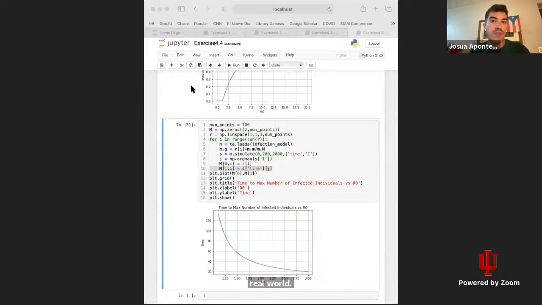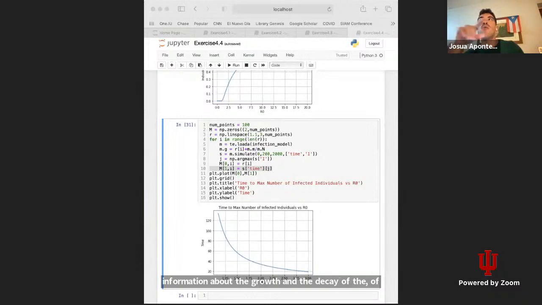So the first idea is that, let's say we have information about the growth and the decay of the epidemic because we know the number of infected individuals at a particular instant.